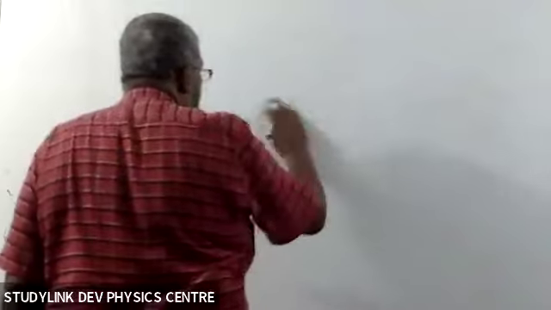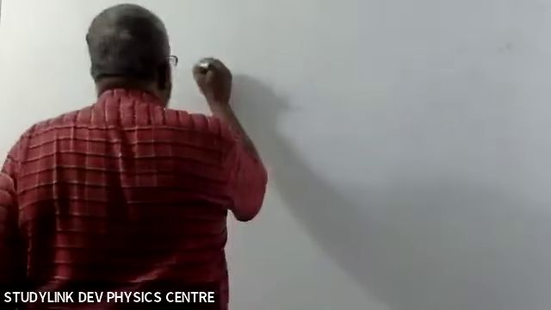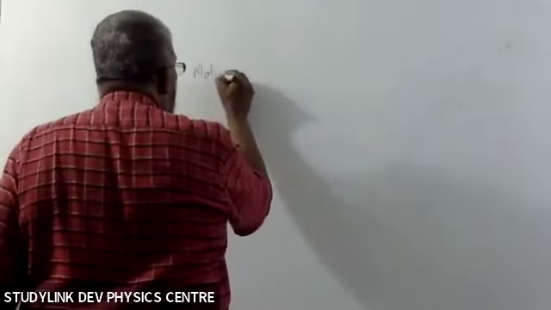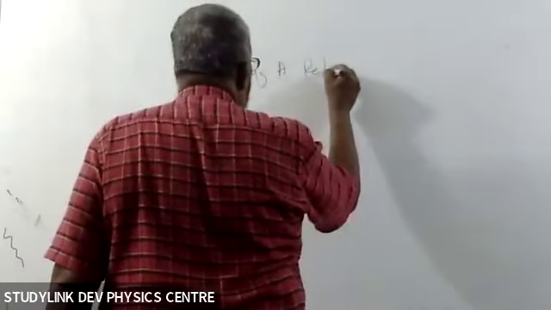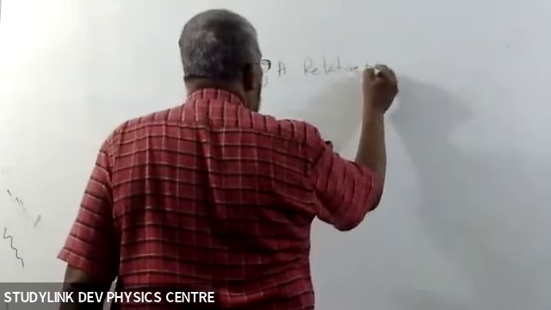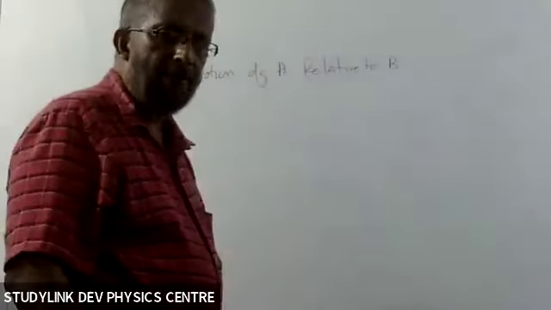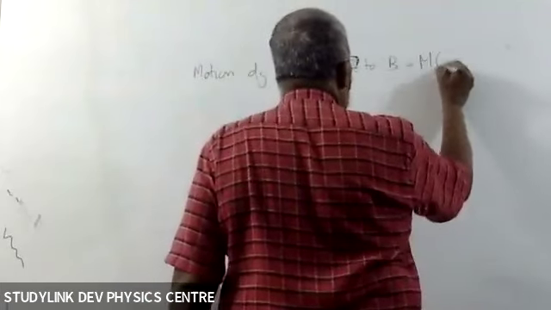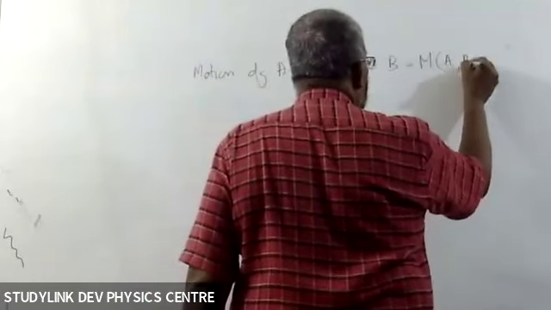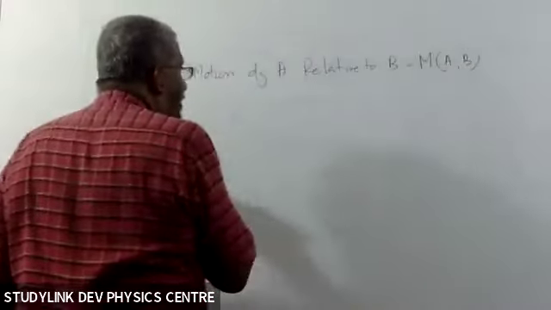So this is a way: motion of A relative to B is denoted by motion of A relative to B. Note down.